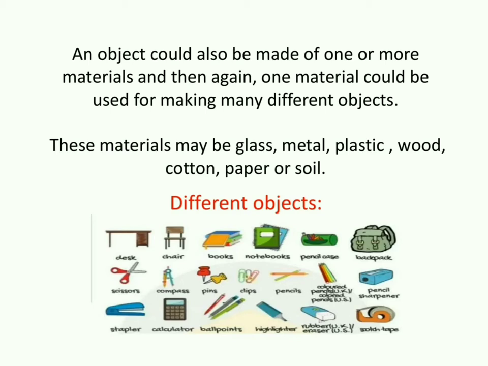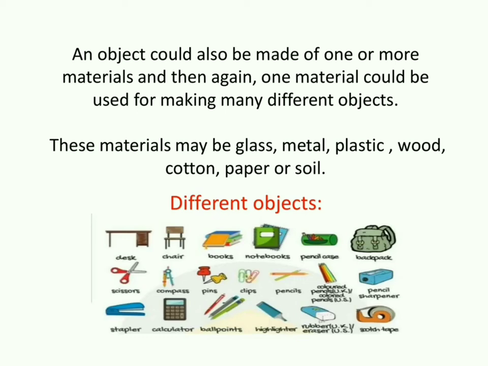It can be wood, plastic, or glass. An object could also be made of one or more materials, and one material could be used for making many different objects.